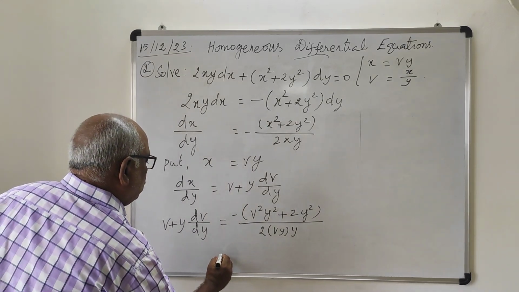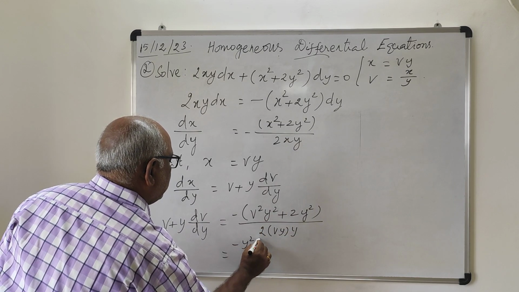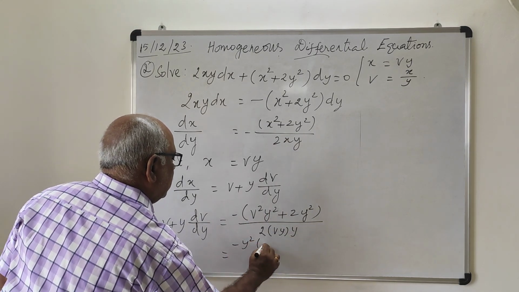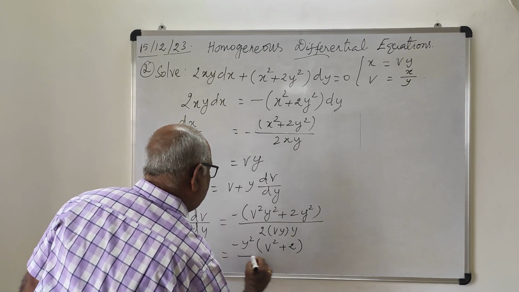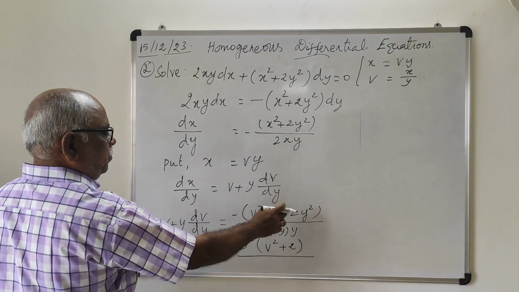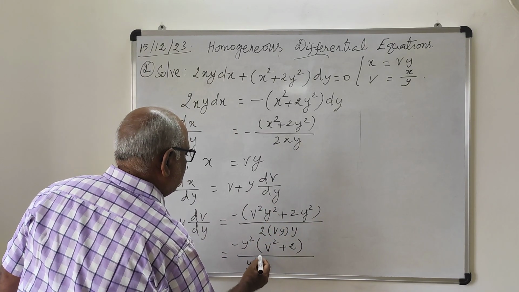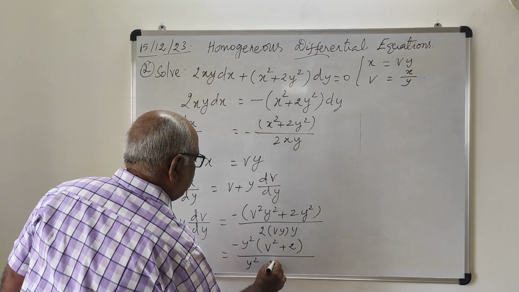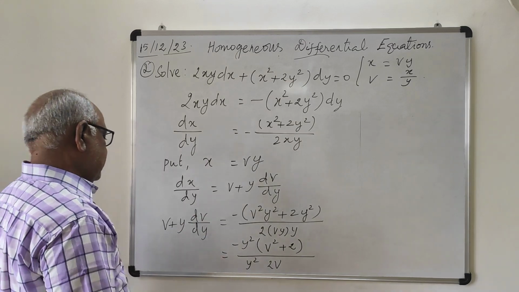Here also, in the numerator you take y square as a common term, you will get v square plus 2. Similarly, in the denominator, y into y square gives you 2v. So v square plus 2 by 2v, and the y square gets cancelled.